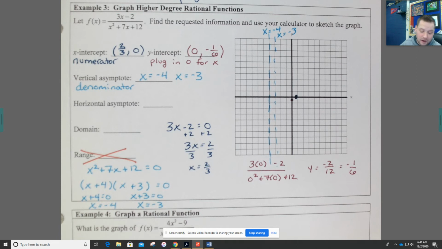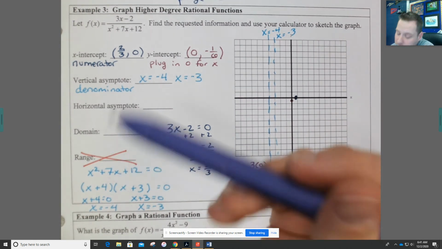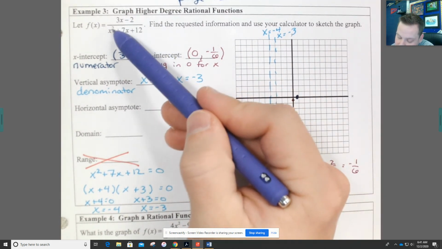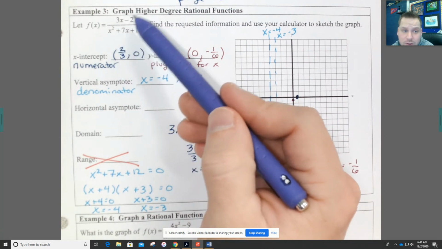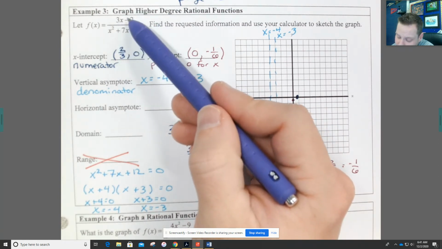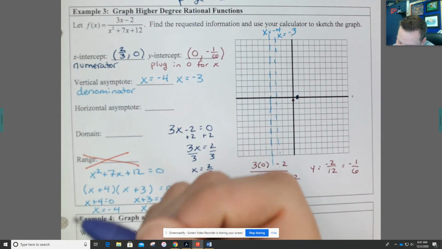Okay, last thing we got to find here is our horizontal asymptote. If you remember back to when we did 4.1, we have 2 cases that we're going to deal with anyways. We have when the degrees are the same. So if the degrees are the same, you divide the leading coefficients. In this case, though, the degree up top is greater.